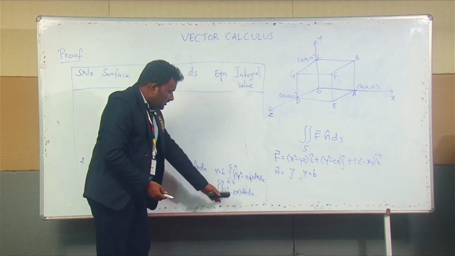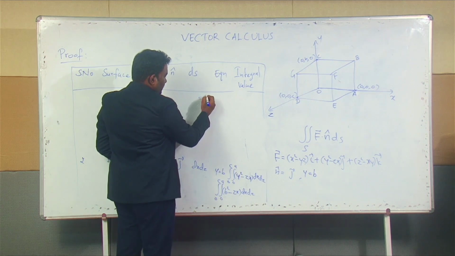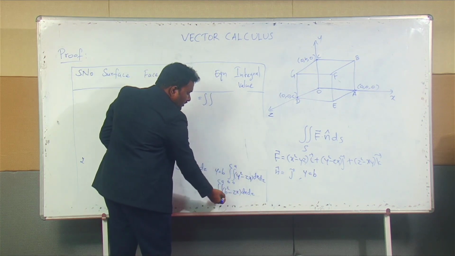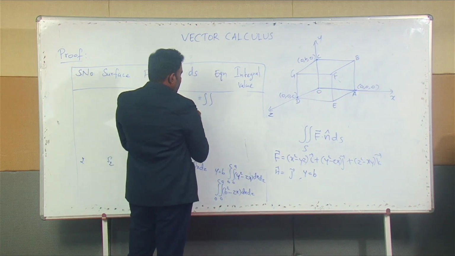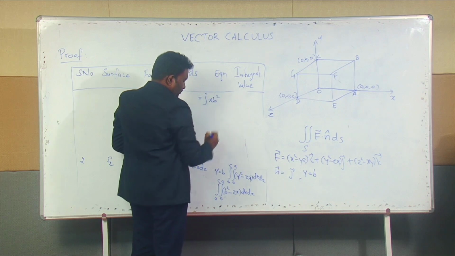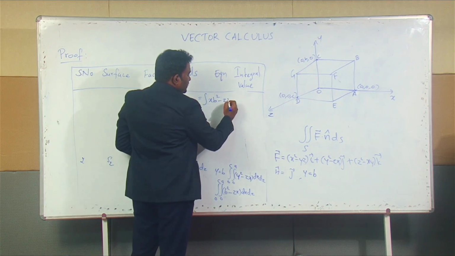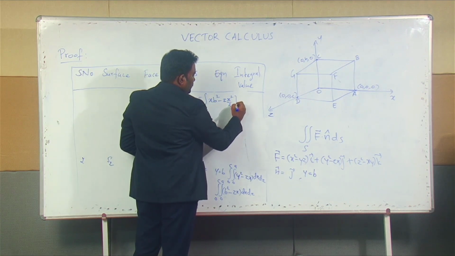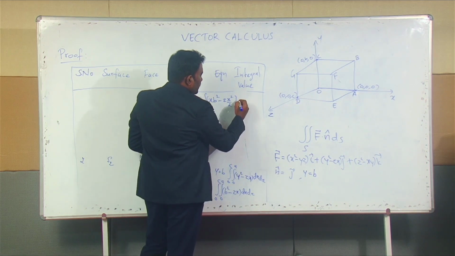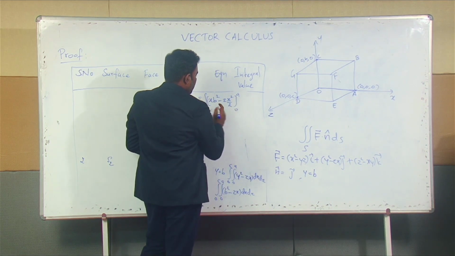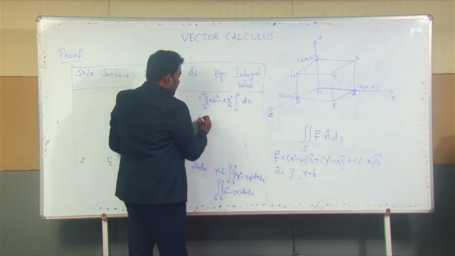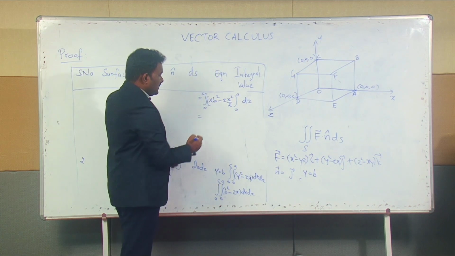By continuing this calculation, we can write it here. When you integrate this b square with respect to x, we get x b square minus z x square by 2, with the limits of 0 to a. So, we are applying this 0 to a in this integrand.